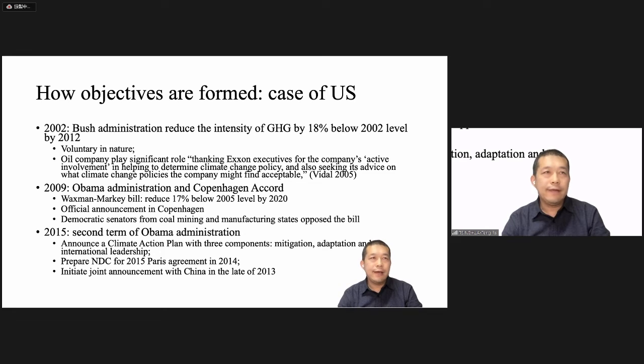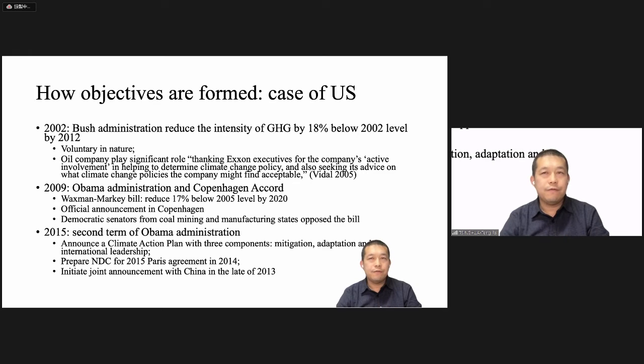And then in 2009, when Obama took office in the White House in his first term, he was facing the negotiations on the Copenhagen Accord. At that time, Obama, together with his colleagues in the Congress, tried to move a bill aimed at reducing US emissions by 17% below the 2005 level by 2020.